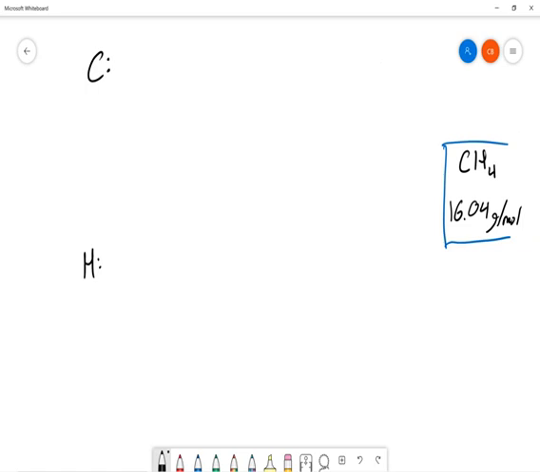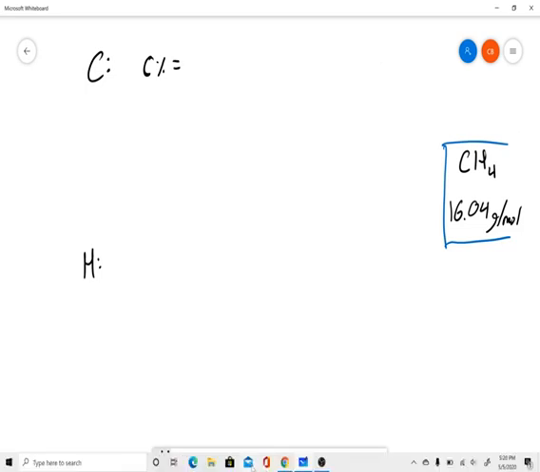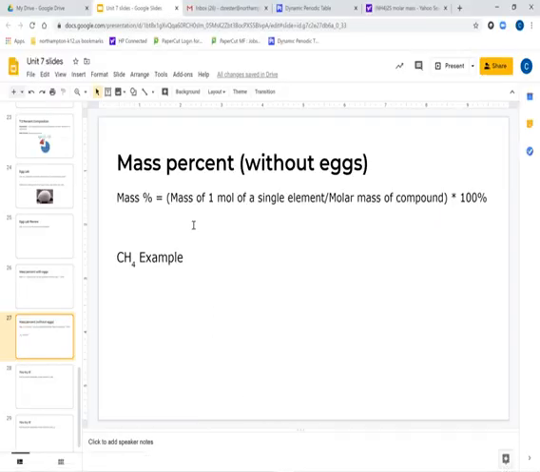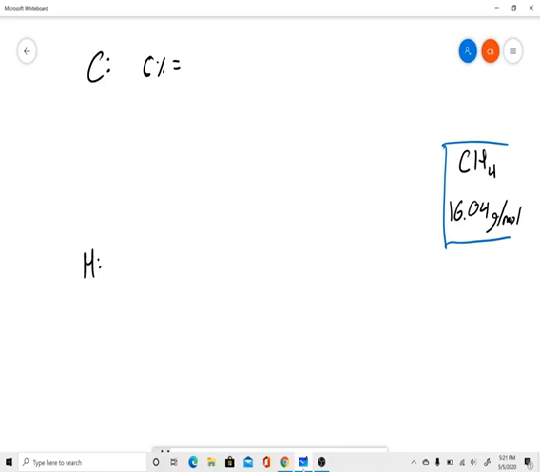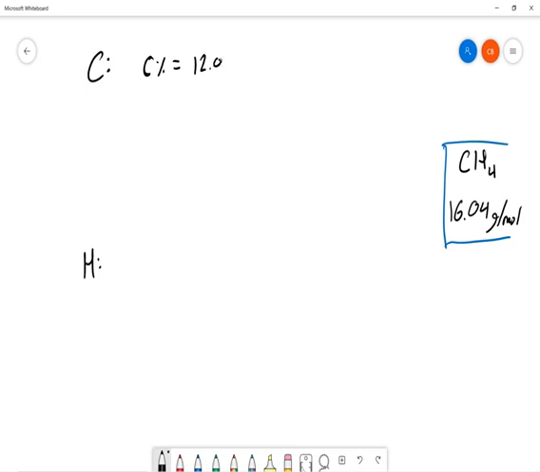Now, let's say we're solving for carbon's mass percent first, right? So the percentage of carbon is equal to, and let's go back and look at our equation, the mass of 1 mole of a single element. So right now we're talking about carbon, so it's the mass of 1 mole of carbon. Okay? So 12.011, remember, get that off the periodic table, and that's grams per mole.